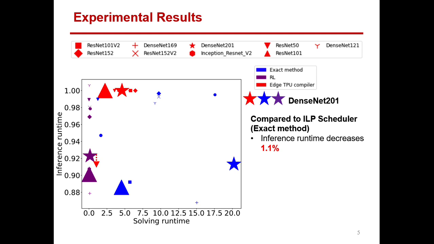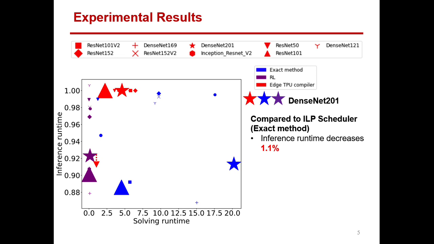This is our experimental setup. We use integer linear programming as a representative of the exact method, and we use the Google Edge TPU compiler as the representative of the heuristic method. Let's take the model DenseNet 201 as an example.